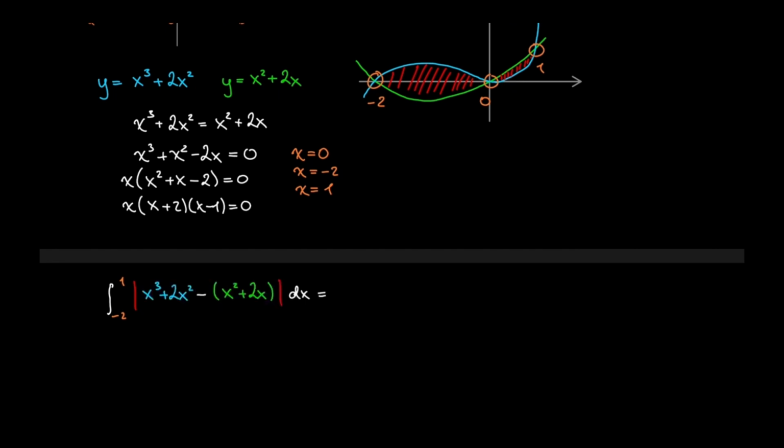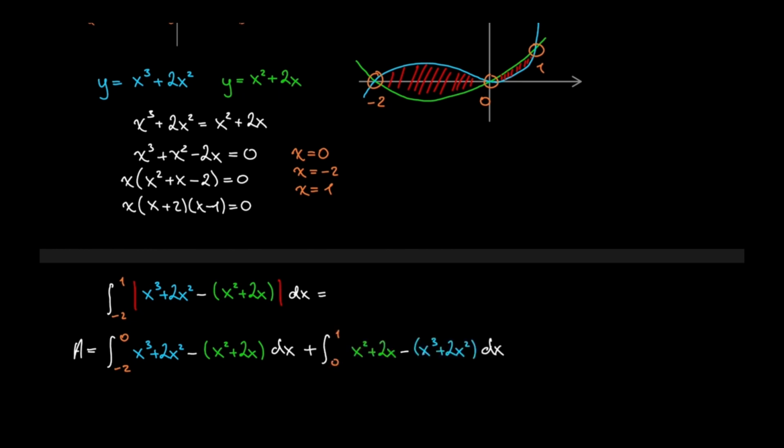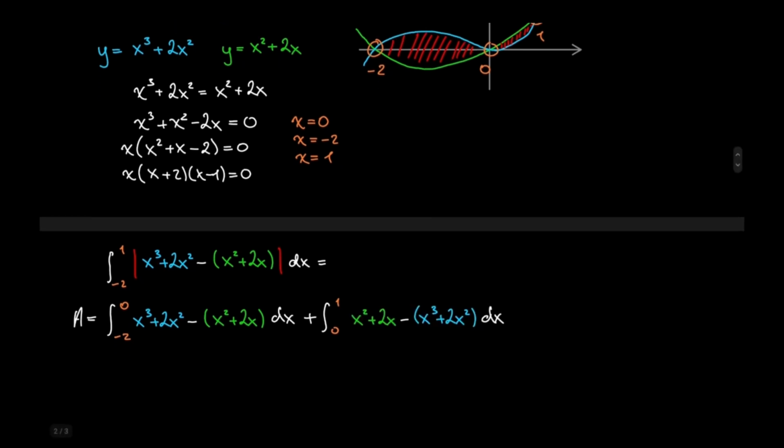Or if you want to calculate this by hand without a calculator or any other technology, we can actually build two different integrals. So the area here would be equal to the integral from negative 2 to 0 of the blue function minus the green function, and then we add the integral from 0 to 1 of the vice versa, the green function minus the blue function.